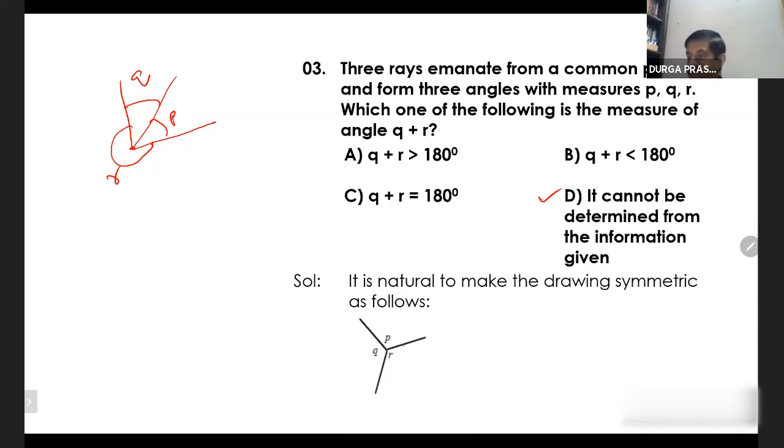If I say P is acute, so I can take like this also. So this is P. So if this is P, Q plus R should be lesser than 180. Here, Q plus R is greater than 180. So we don't know, it could be possible that this is P. So Q and R. So Q plus R is 180. Any possibility is there. So the data what is given here is not sufficient for us to decide. So answer is D.